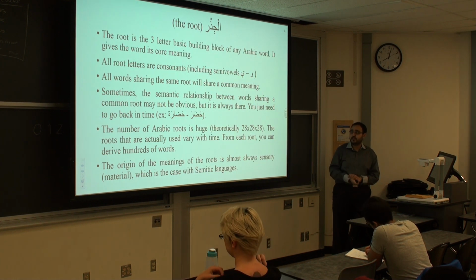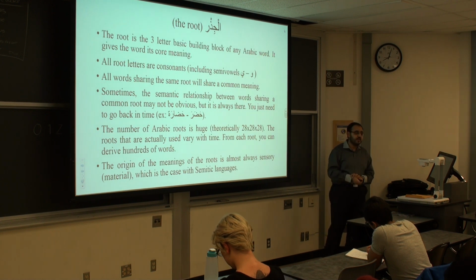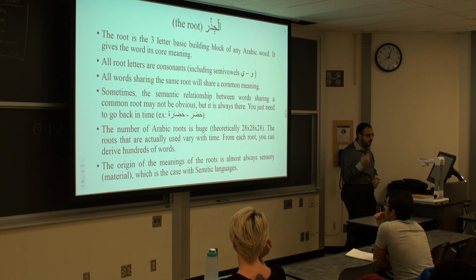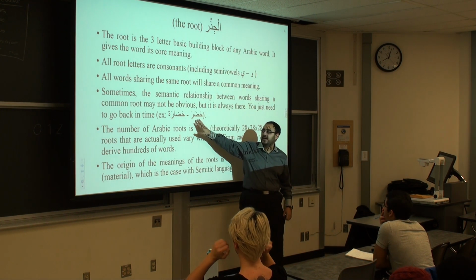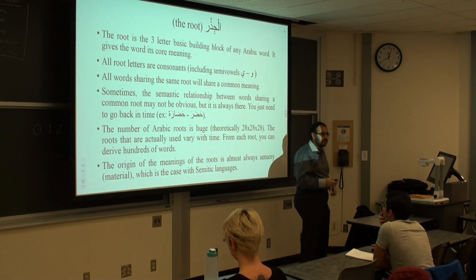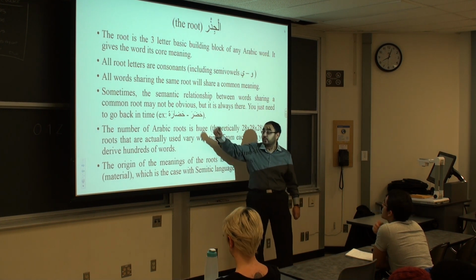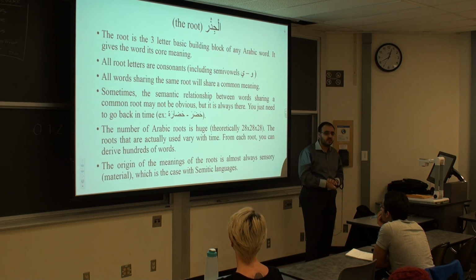Sometimes the semantic relationship between words sharing a common root may not be very obvious, but it's always there, you just need to go back in time. Do you remember when we were talking about the words hadara and hadara? What's hadara? Hadara is to come, in the past tense with huwa. So that's hadara. What's hadara? Anyone remembers?